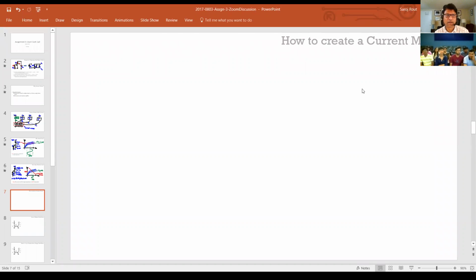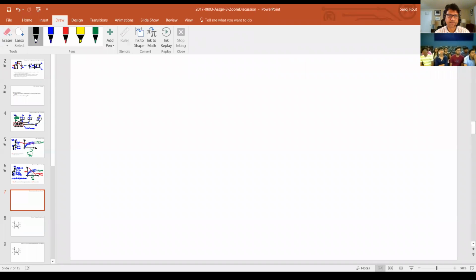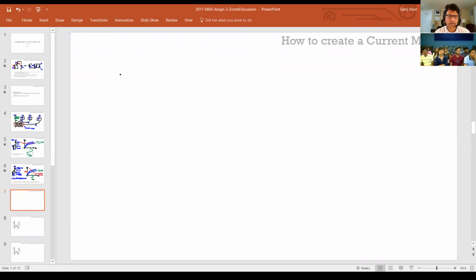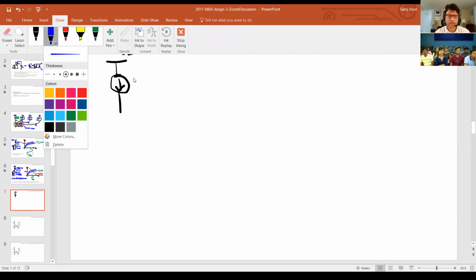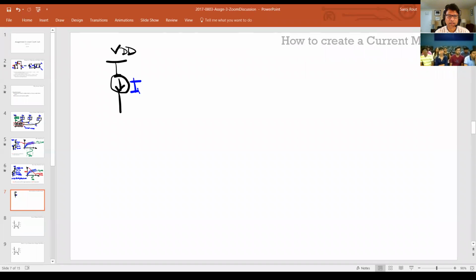If I draw that here, I give you a certain current source with reference to VDD, could be reference to ground, it doesn't matter. Let's say this current is some value, I call it IREF, and let's say it's 80 microamps or whatever it is, and I ask you to basically copy this.